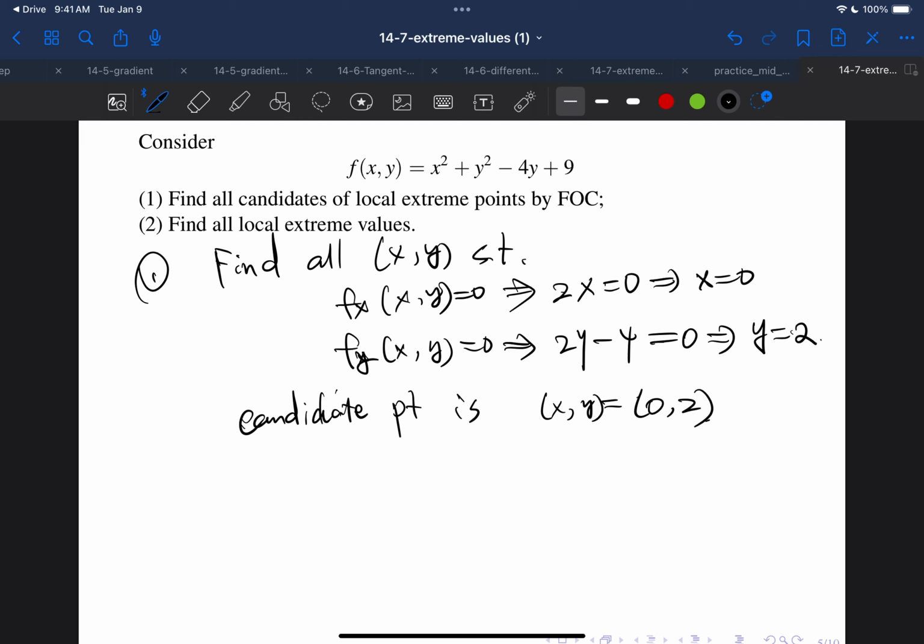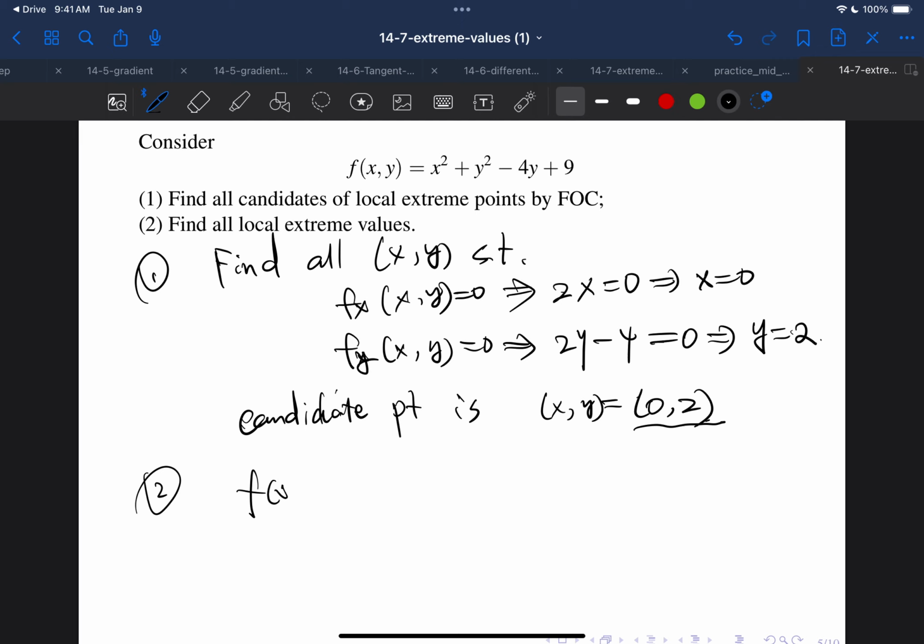There's only one point, but we don't know if this is an extreme value, either maximum or minimum, or maybe something else. So we have to do another thing, but we only need to focus on this particular point derived from FOC. We want to see how we can change the formula given above.